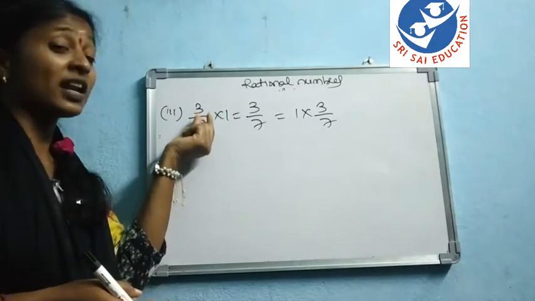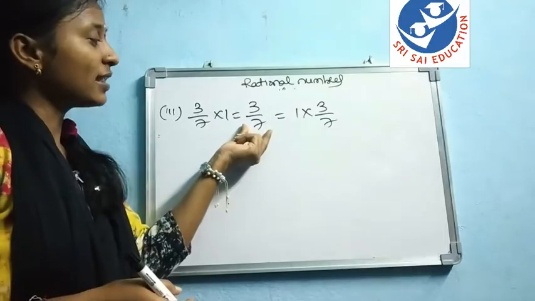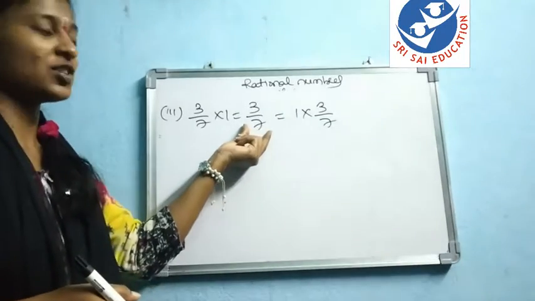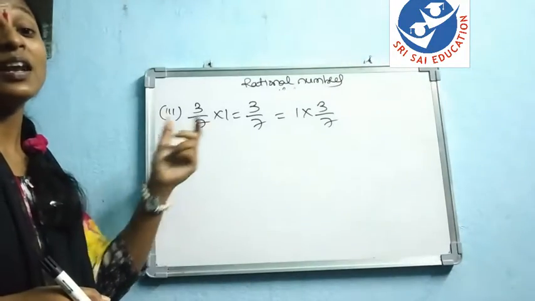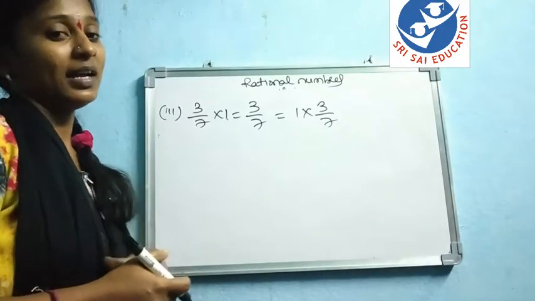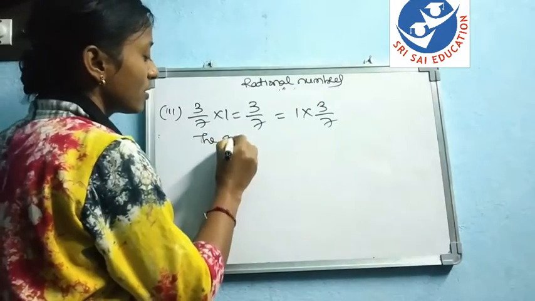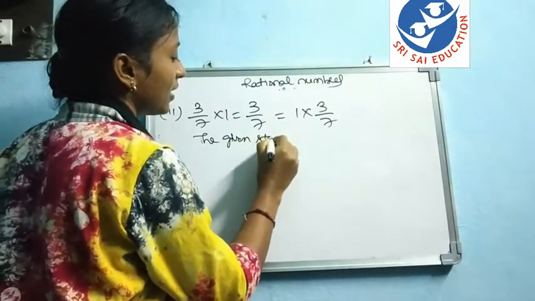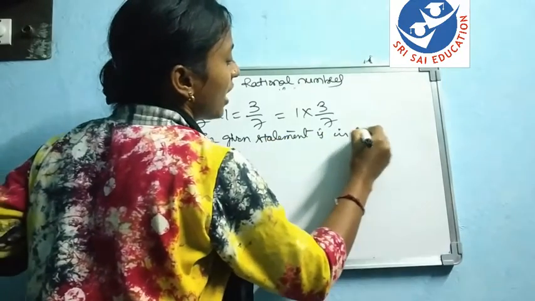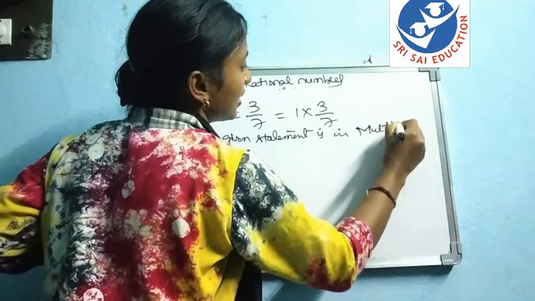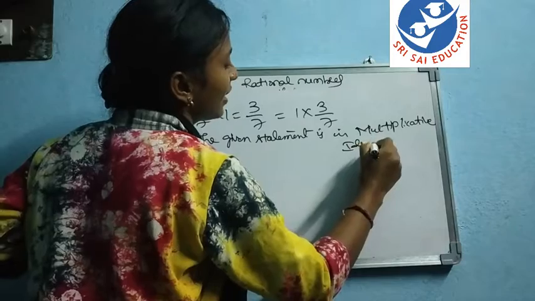A rational number multiplied with 1 gives the same rational number, that is the multiplicative identity. 1 is a multiplicative identity. So the given statement is multiplicative identity.